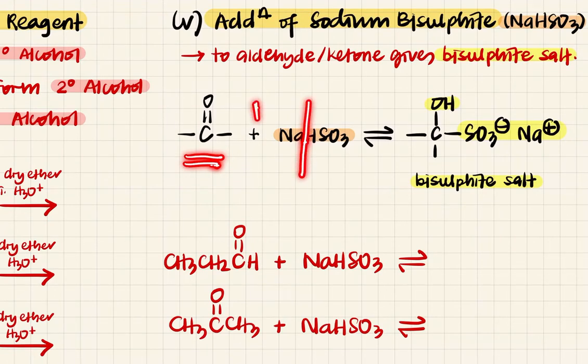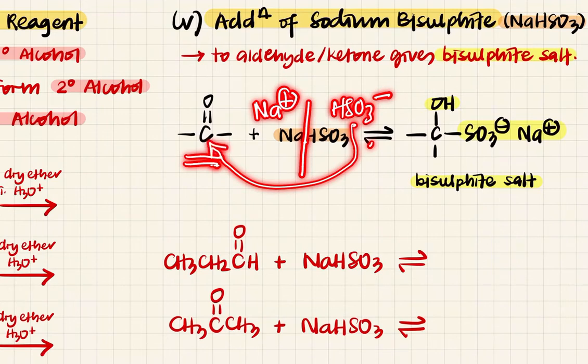You are just going to potong kat sini. So awak dapat Na plus, okay, and HSO3 minus. Okay, what's going to happen is SO3 minus tu akan attack your electrophilic site at carbon, and this one will pick up your hydrogen here. Okay, so dia masuk balik ke situ.